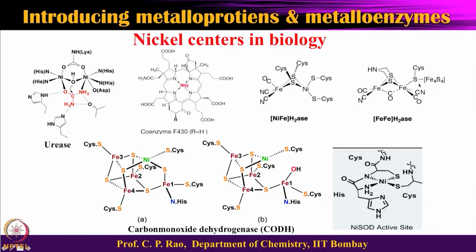This is completely iron hydrogenase, and these two units are present in the enzyme called carbon monoxide dehydrogenase, and this is a center which is present in the nickel superoxide dismutase. So, we will see details of quite a few of these systems in terms of their mechanistic aspects as we keep moving across.